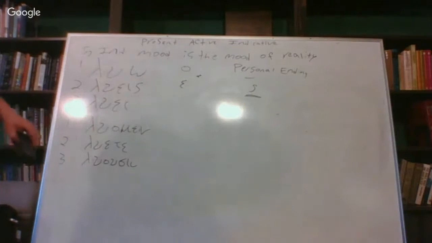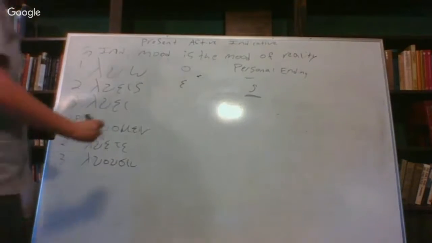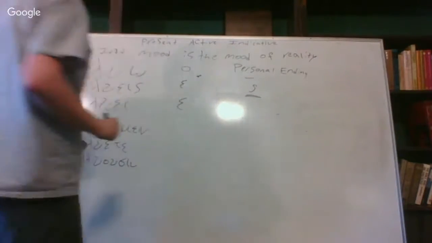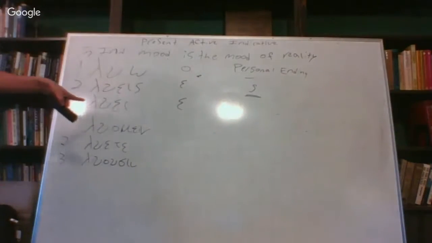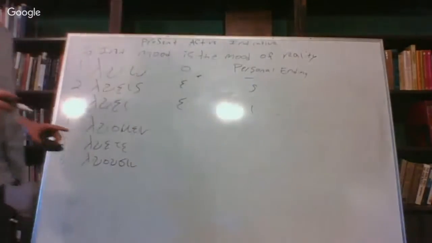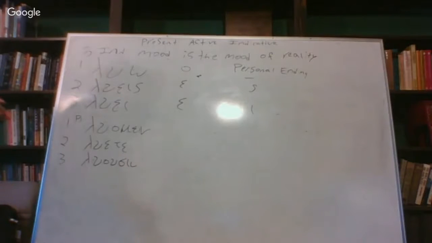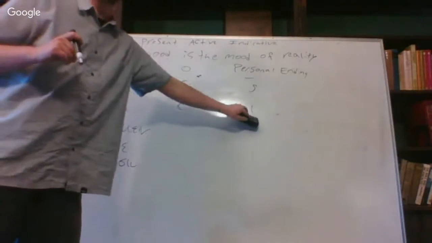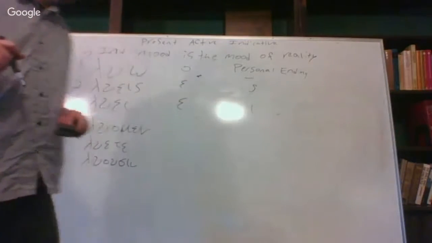Luei, again, something fun is happening here. We have the connecting vowel epsilon. We also have the personal ending iota. Again, weird things are happening here. I don't want to stress it too much, but do know that the personal ending is actually iota.